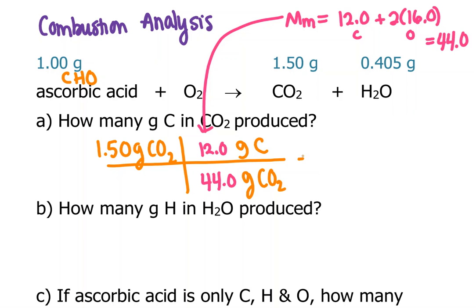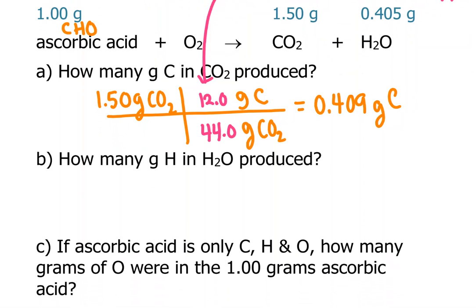And so now I know that the original ascorbic acid must have had this number of grams of carbon atoms, basically. Okay, we can do the same thing for the hydrogen.